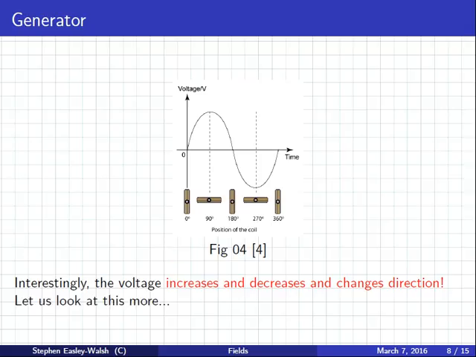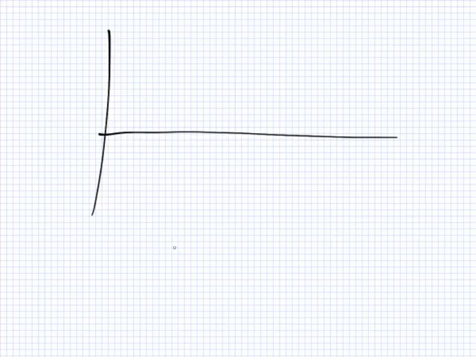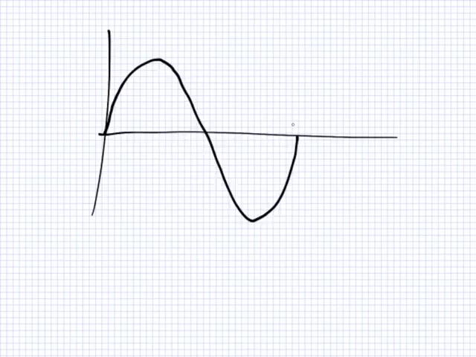So, if I just go to some paper, this is if I was to measure the voltage over there at the plug, I would get a graph like this. We know that this is 220 volts, yeah? But 220 volts doesn't make sense anymore because it's not a constant 220.